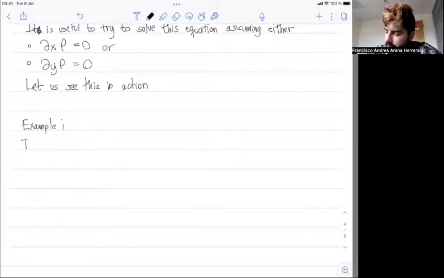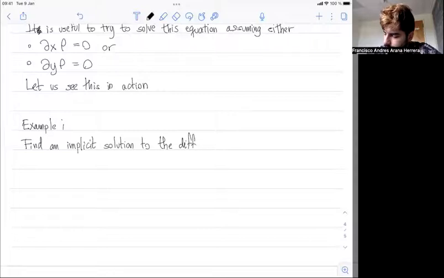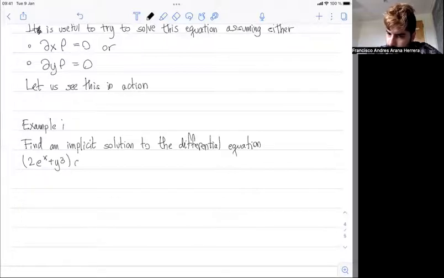Find an implicit solution to the differential equation (2e^x + y^3) dx + 3y^2 dy = 0.